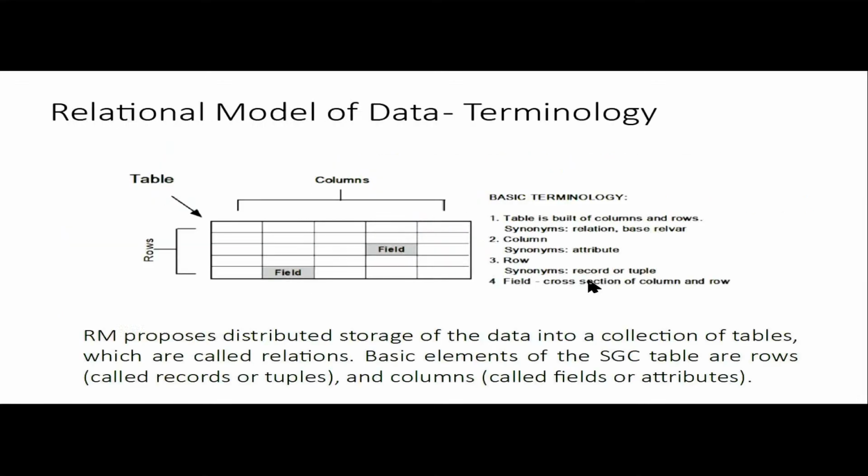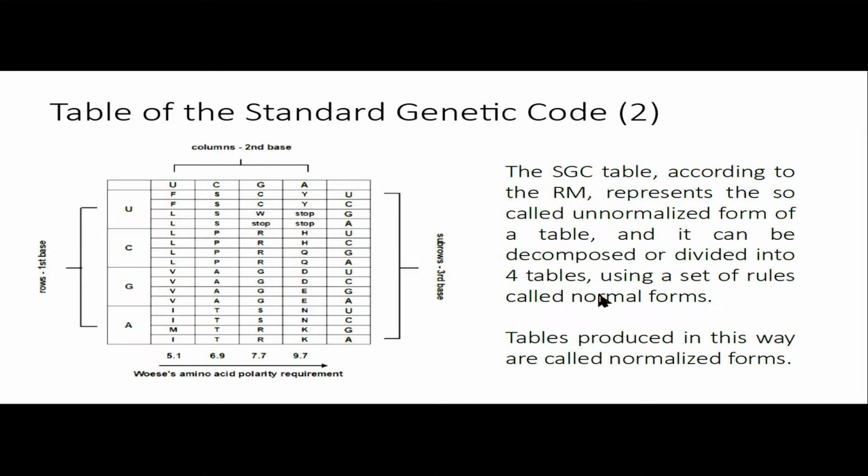So in the context of terminology, the relational model proposes the distributed storage of data in a collection of tables, and the basic elements are rows and columns. Rows are also called tuples or records, and columns are attributes. Now, let us go back to the standard genetic code table.